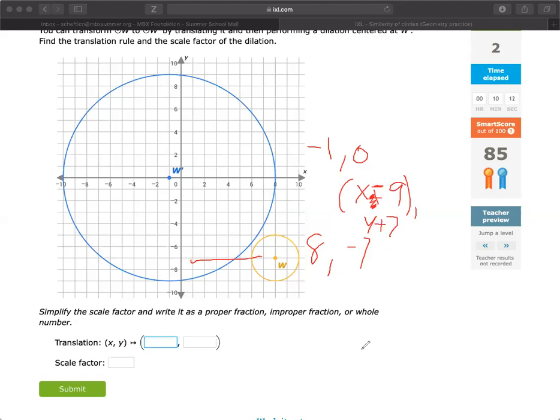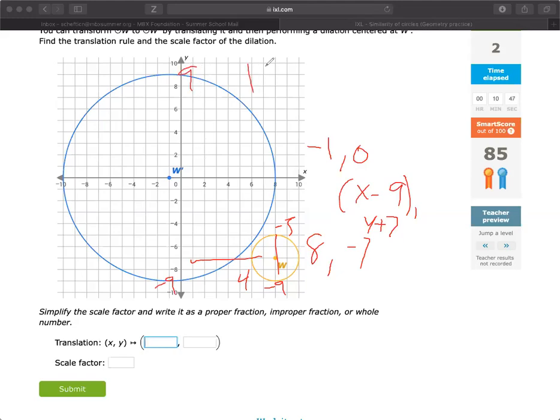Let me clean this up for you a little bit. X -9, and then a dilation is going from, let's see if it's going to be 4 again, from -5, and down here is -9. That's a 4. The distance there is the diameter. And then here we're at -9 all the way up to 9.